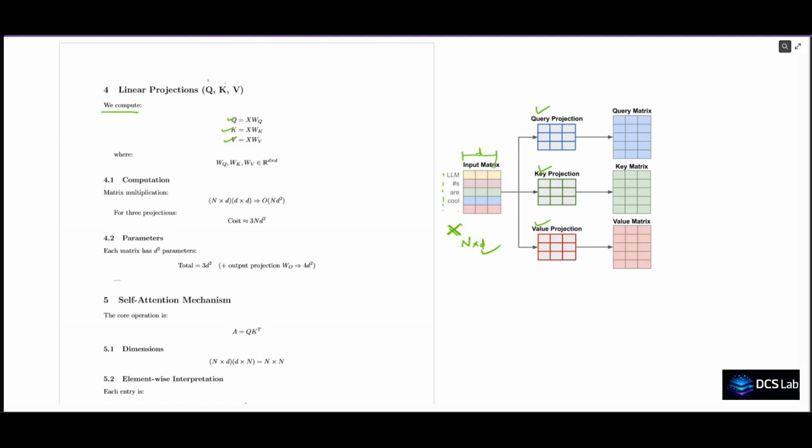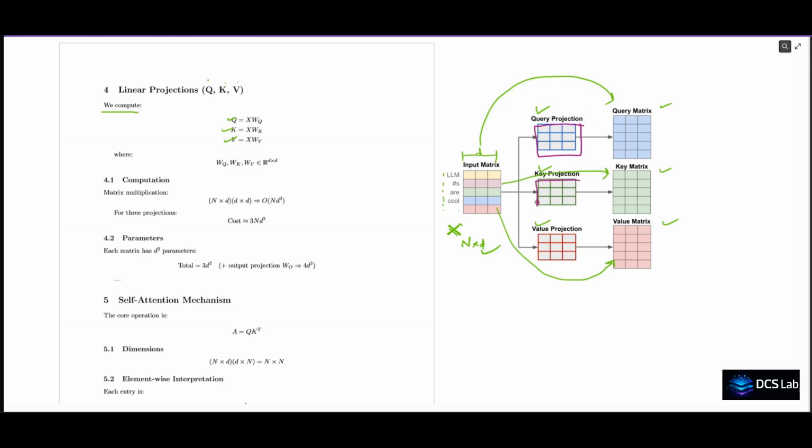To convert the input matrix into the query, key, or value matrix, we multiply it with these specific matrices.